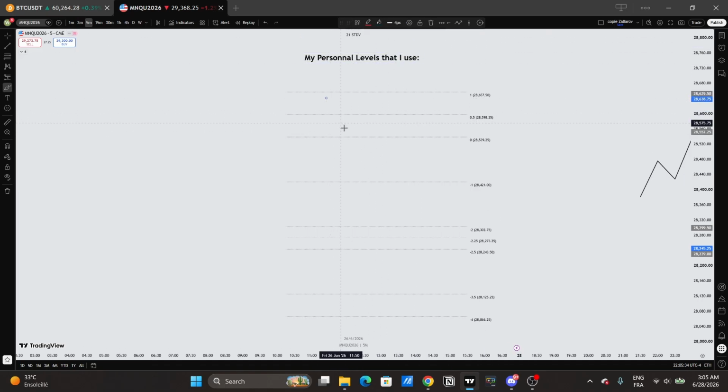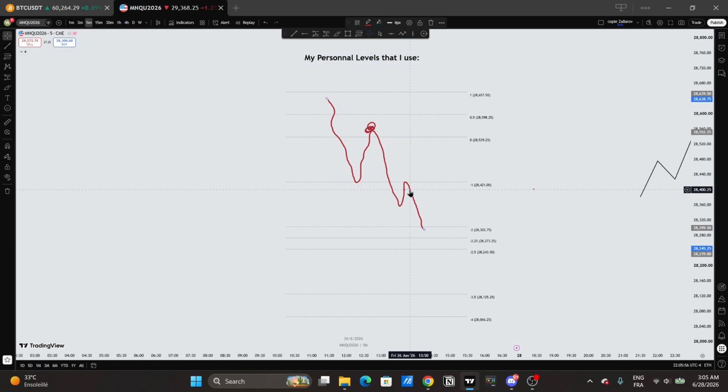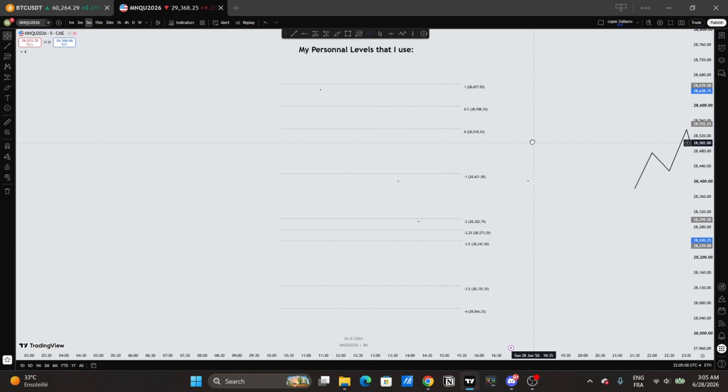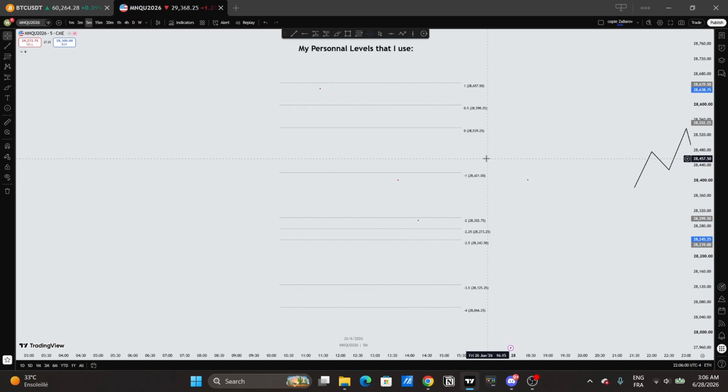So basically this is our market from here. Usually price comes here, reacts a little, maybe retraces here to a sort of PD array, and then comes back and breaks this level, then retraces, taps into it, and then dumps again. This is just an example. But we usually use it just to know if we marked out our levels correctly or not. So basically this is the function of the -1.